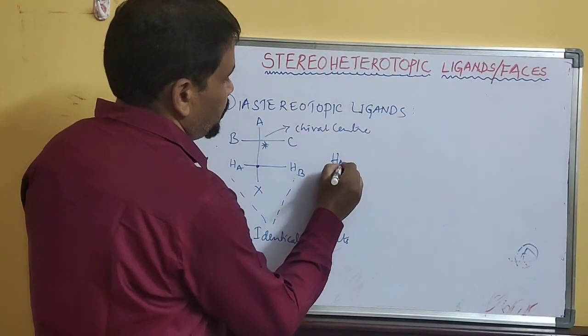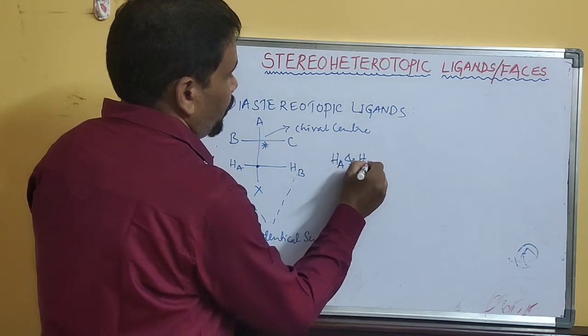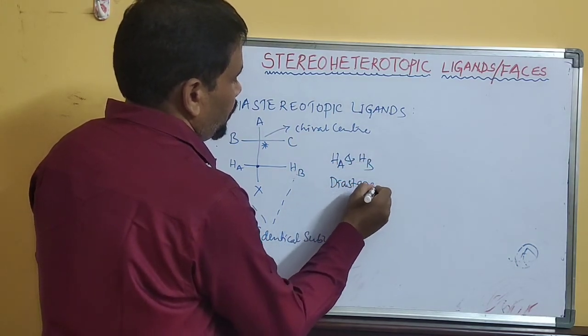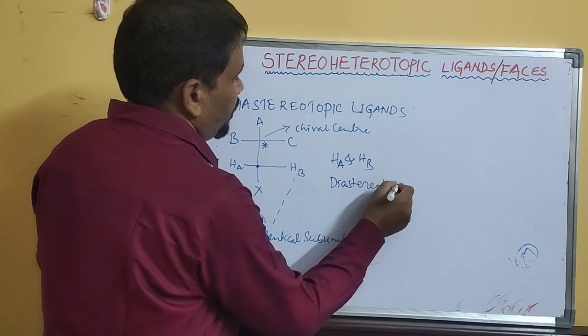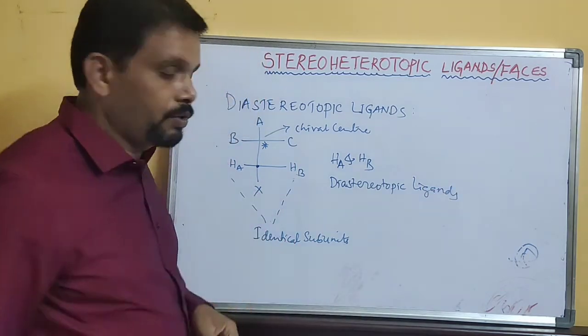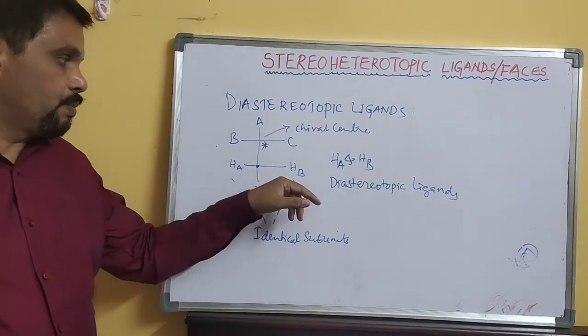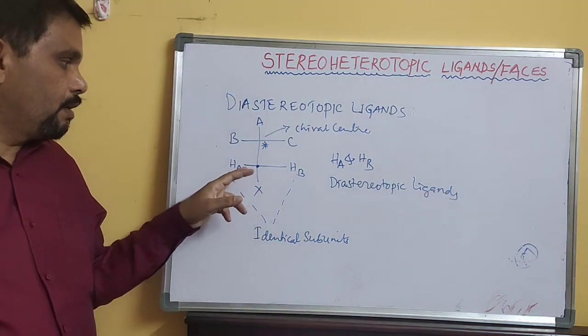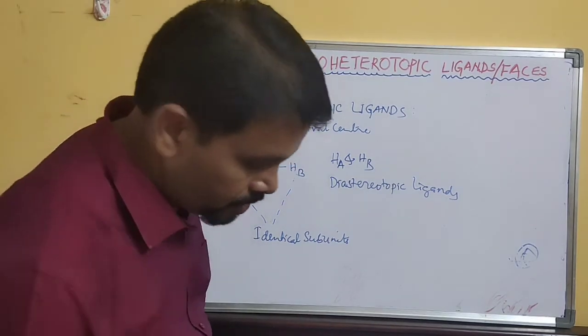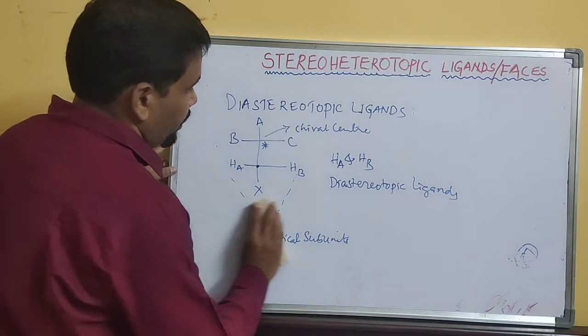That means in this molecule HA and HB are diastereotopic ligands, atoms or groups. These two can produce diastereomers in substitution reactions or addition reactions.